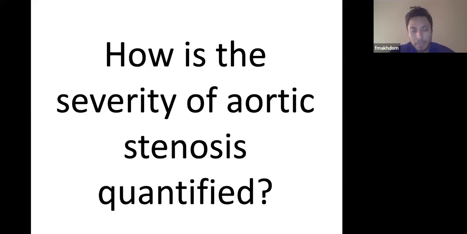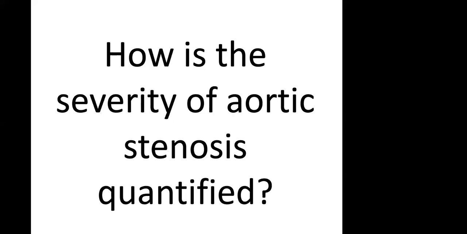Step backward. So you said area, gradient. What else? Area, gradient, and also the morphology of the valve itself, the burden of calcification, the restriction of the valve. This can also give me a hint about the severity of the aortic stenosis, plus other pathology that leads to aortic stenosis.